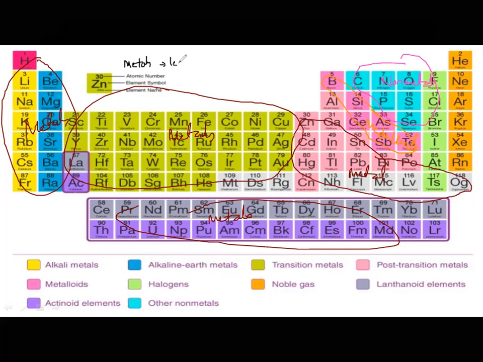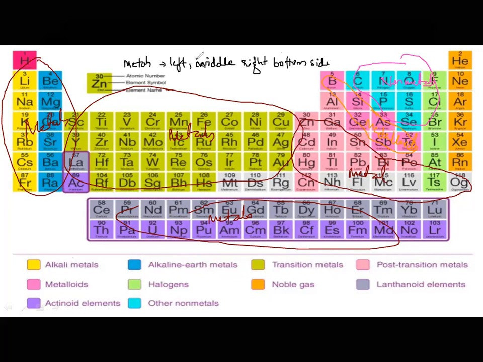So where are metals present? Metals are at the left side of the periodic table, at the middle, and at the right bottom side. Yes or no? Right bottom side are the metals. So can I say metallic character is more here, and metallic character is less here?